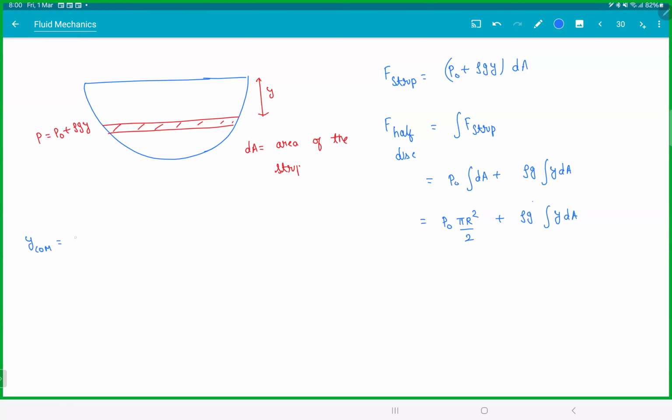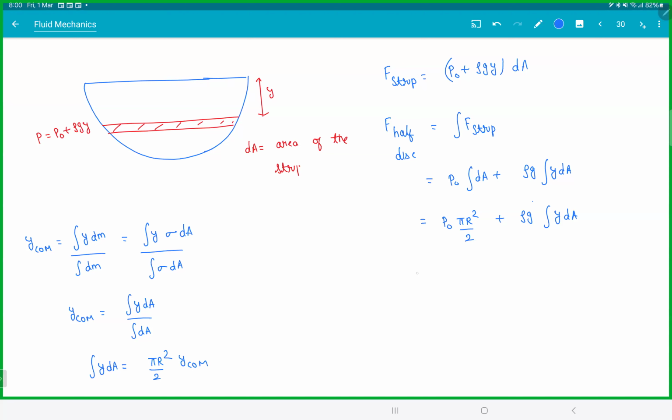Y center of mass formula is what? Integral y dm by integral dm. So dm can be written as sigma, that is mass per unit area, into dA, by integral sigma dA. So y center of mass, sigma will cancel off. We get integral y dA by integral dA. So integral y dA is nothing but the total area pi r square by 2 into y center of mass.